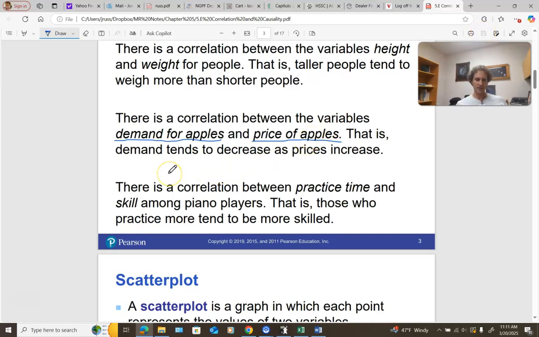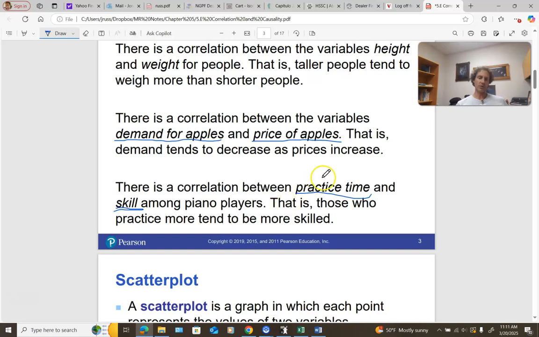And then let's look at this last example here. There's a correlation between practice time, or the time spent practicing, so that could represent our first variable, and skill, the actual level of skill among piano players, or this could be any sort of player of musical instruments. That is, those who practice more tend to be more skilled.